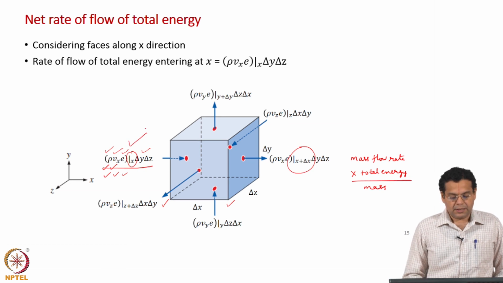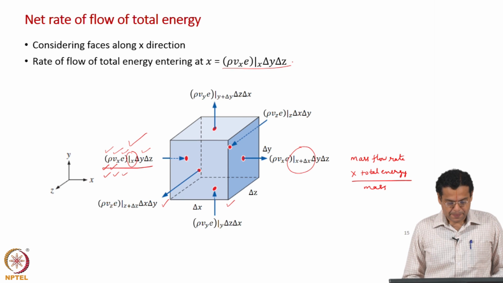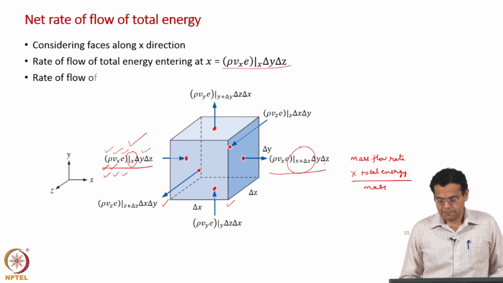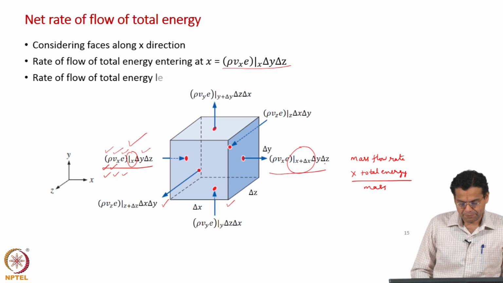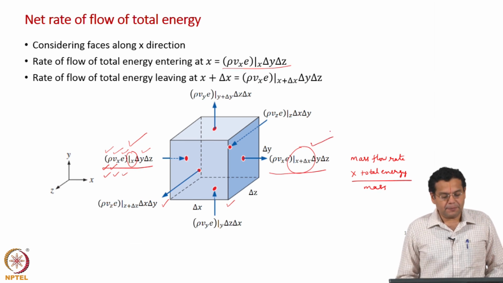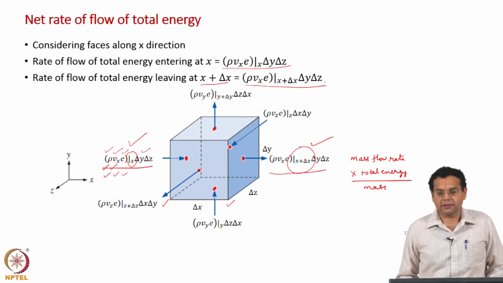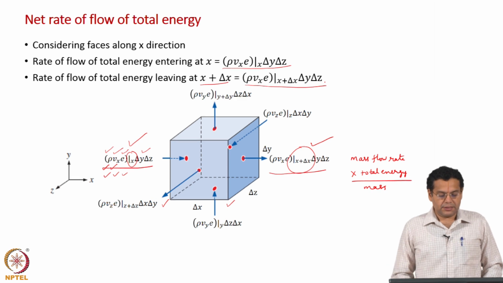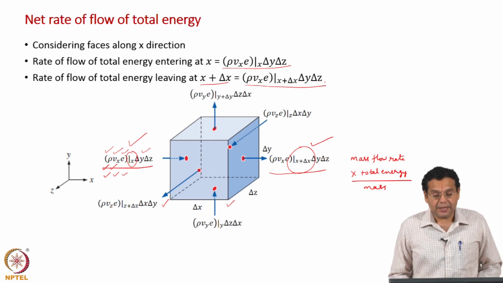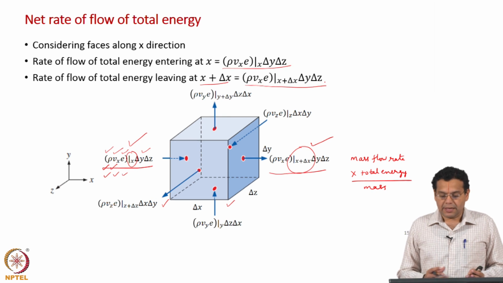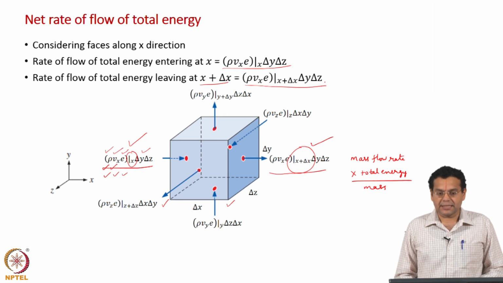So, these terms put together represent rate of flow of total energy entering at x, and that is what is written here, and these terms represent the rate of flow of total energy leaving the control volume at x plus delta x, and those are written here. So, what we have discussed now is how to express the rate of flow of total energy entering and then leaving through the phases in the x direction. Okay.